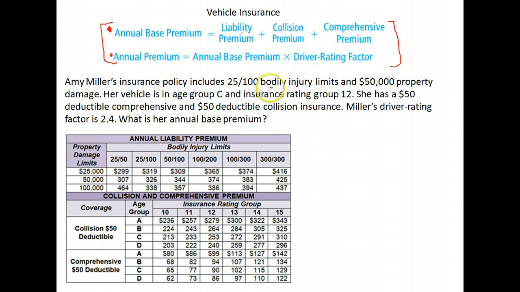So here's Amy Miller. Her insurance policy includes $25,000/$100,000 bodily injury limits and $50,000 property damage. So what we want to do is look down at our chart. We're going to find her liability. She wants $25,100 injury, so that would be this column right here.